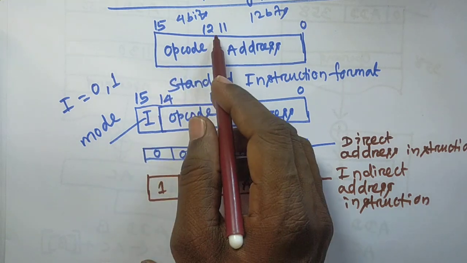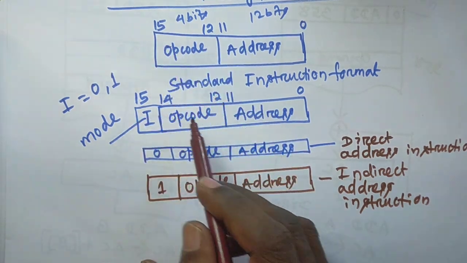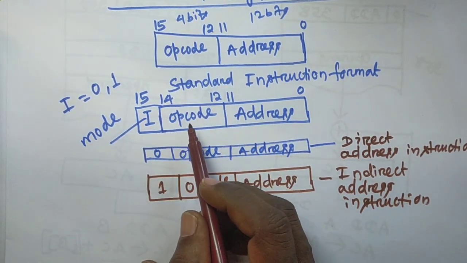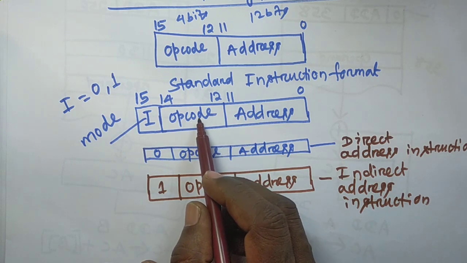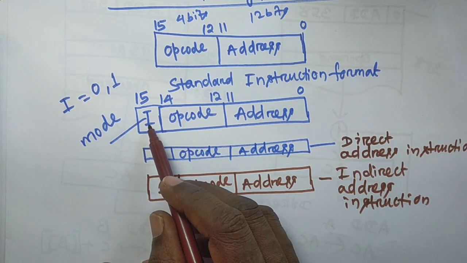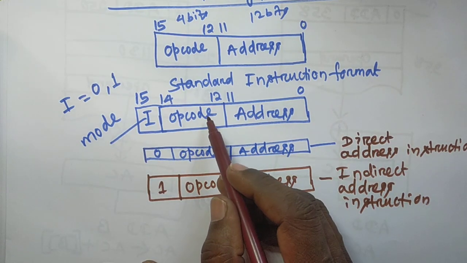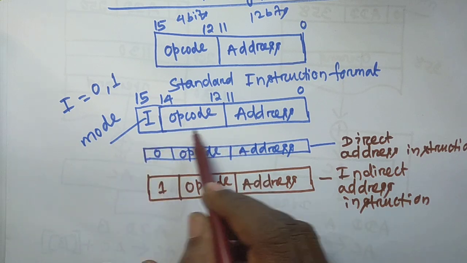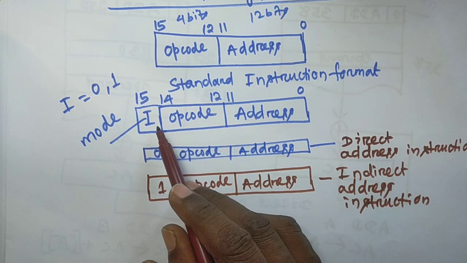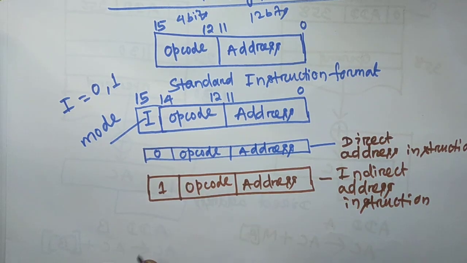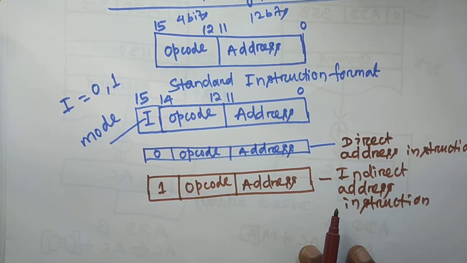But the opcode part, bits 12 to 15, is now divided into two parts: one part is the opcode and another is the mode. The mode part contains only one bit and the opcode part contains 3 bits, because the total is 4 bits. This mode bit identifies whether the instruction is a direct address instruction or an indirect address instruction.